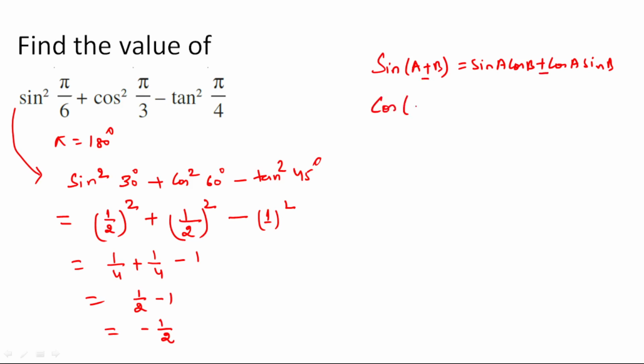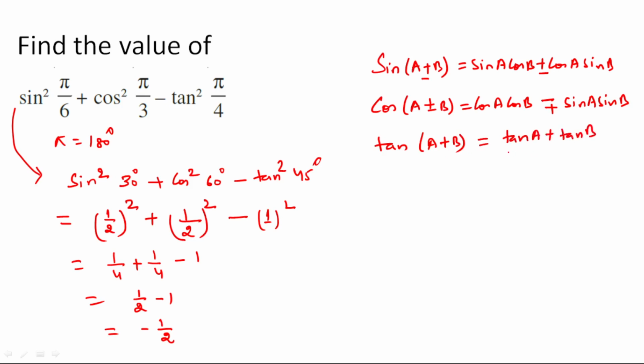Similarly, cos A plus minus B becomes cos A cos B minus plus sin A sin B. We also utilized the formula tan A plus B, which is tan A plus tan B by 1 minus tan A tan B. If there is minus in the numerator, then there will be plus in the denominator, and vice versa.